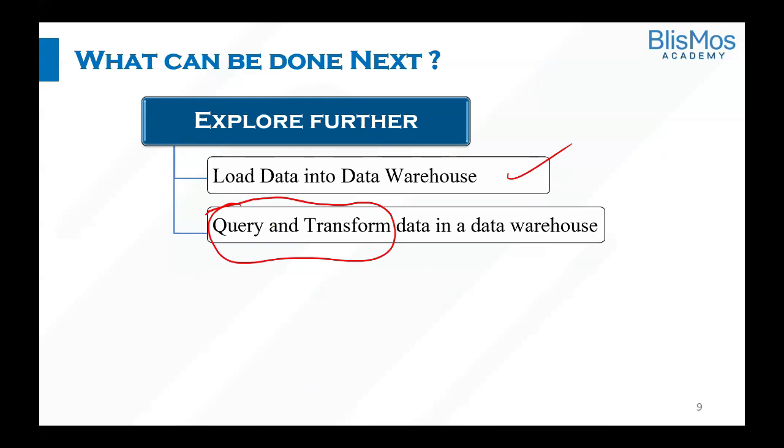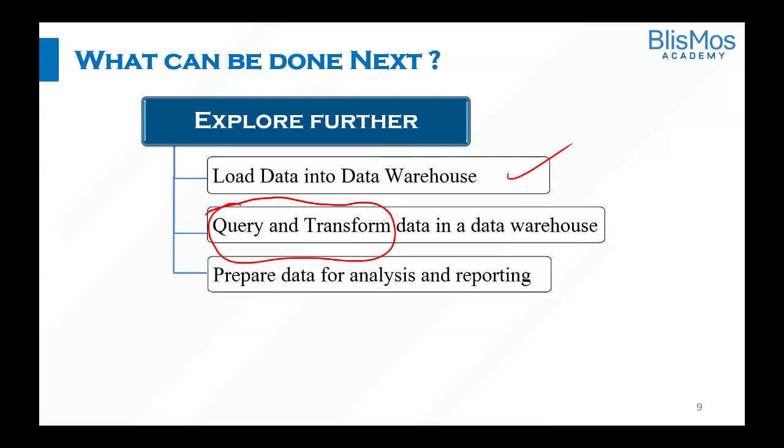Any other thoughts? What else can be done? We need data mart, I think. Data mart. In a way, you are right. So prepare the data for analysis and reporting. Okay. Now we have loaded the data into the data warehouse. We are able to query and transform it, and we are preparing the data for the analysis. What else can be done in the Fabric Data Warehouse?